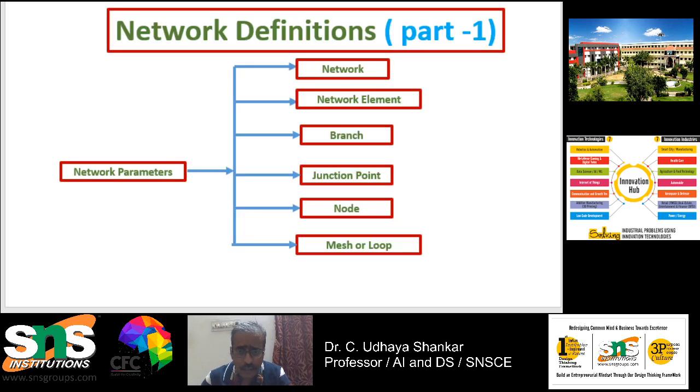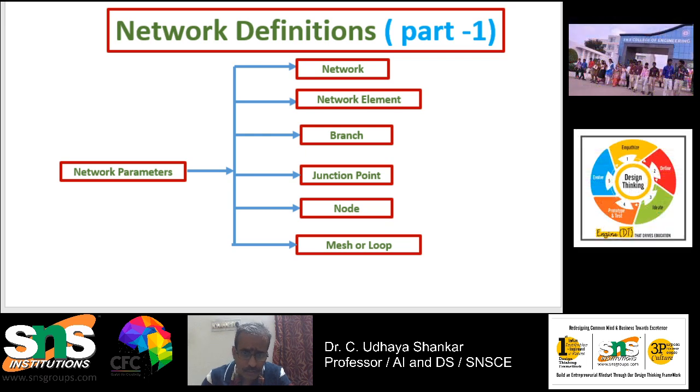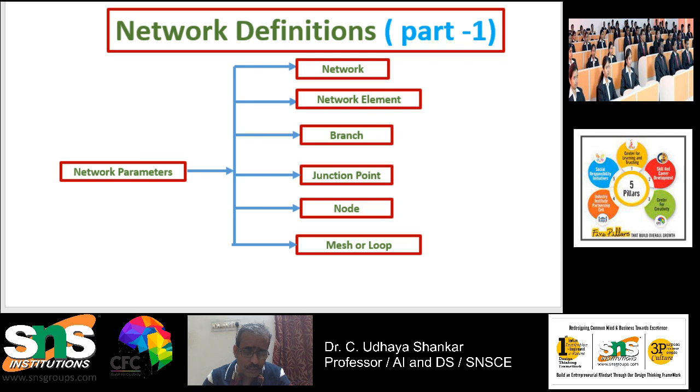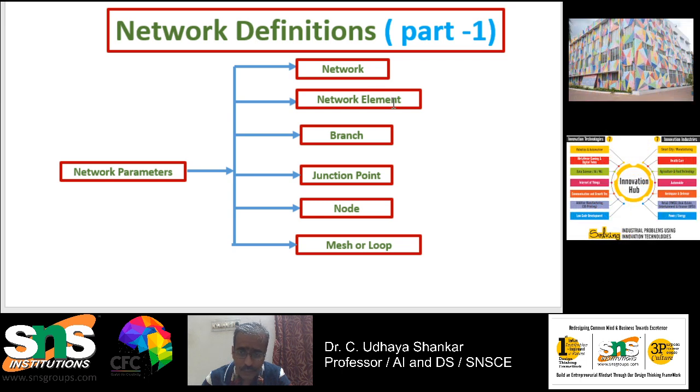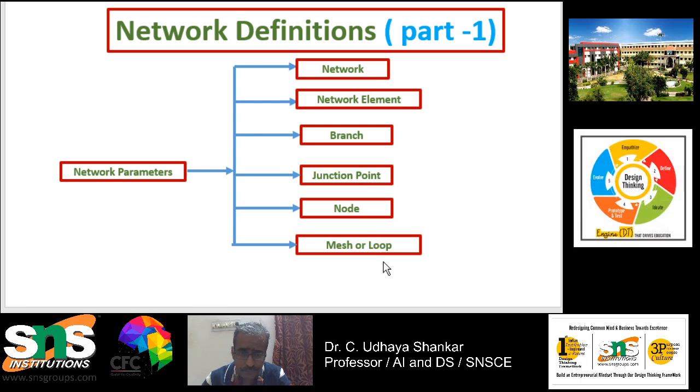So what are the different parameters, or the things that I have to remember for any network? You can see the network parameters: network, network element, branch, junction point, node, and the next one is mesh or loop.